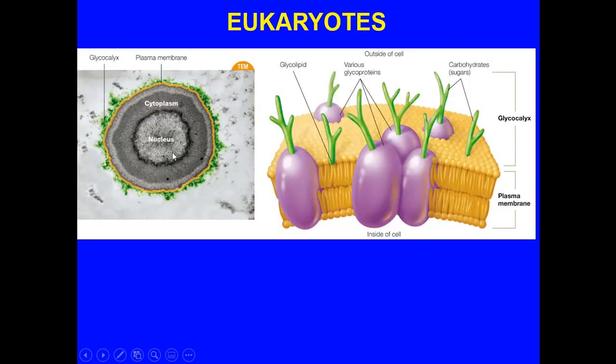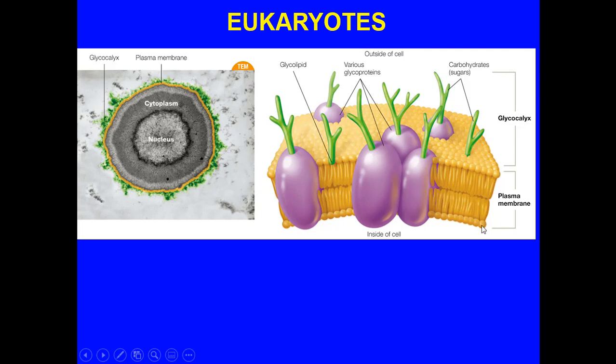Here we see the nucleus. This is a transmission electron micrographic photo. And what you have is the plasma membrane here, the cytoplasm here, and you have on the outside here this structure called the glycocalyx, which is important as it will involve cell-to-cell communication and also other various important properties, which we'll get into in a minute.